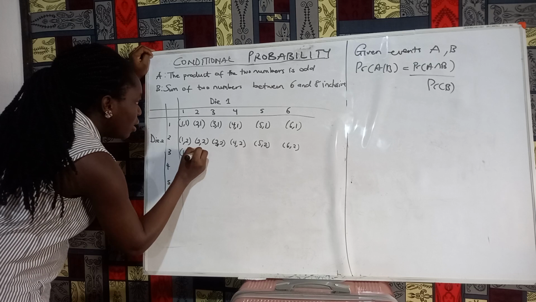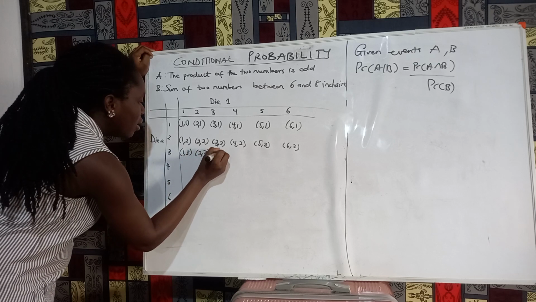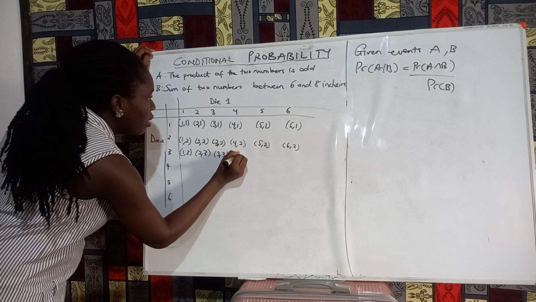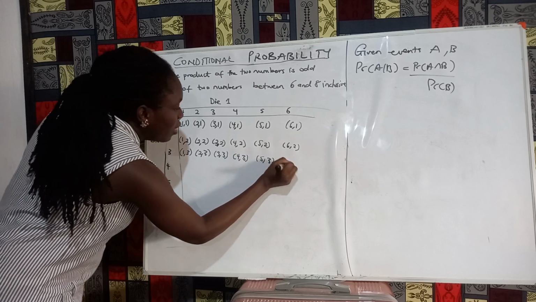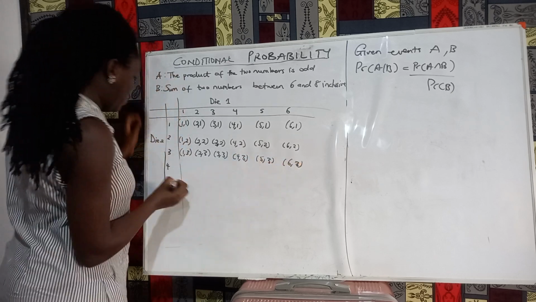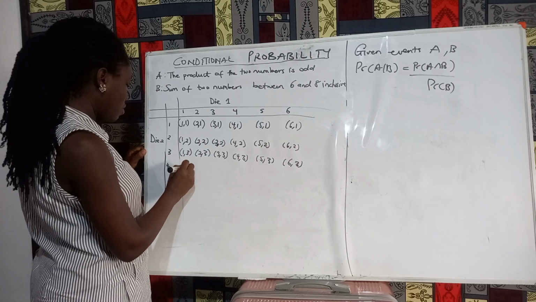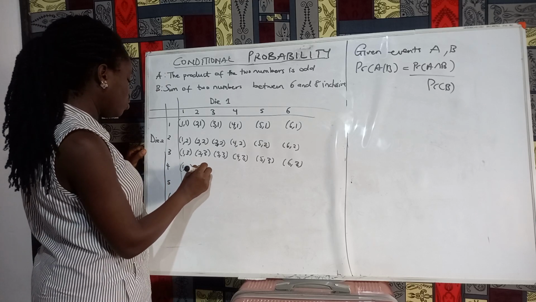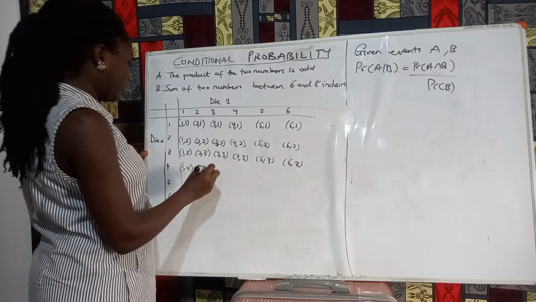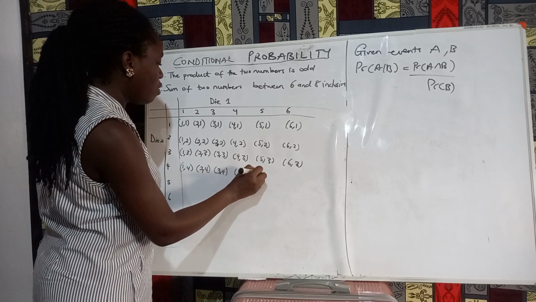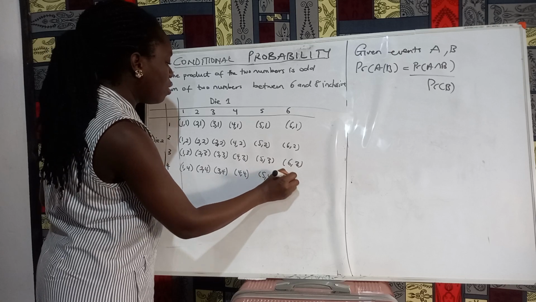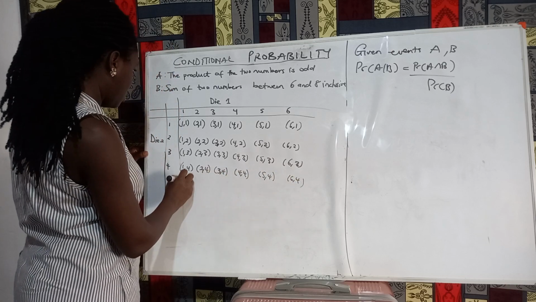Then we go on: 1, 3; 2, 3; 3, 3; 4, 3; 5, 3; 6, 3. Then 1, 4; 2, 4; 3, 4; 4, 4; 5, 4; 6, 4.